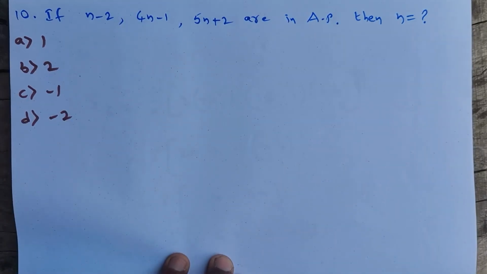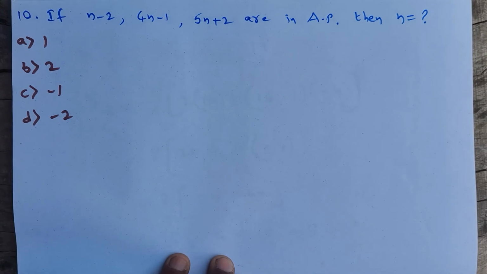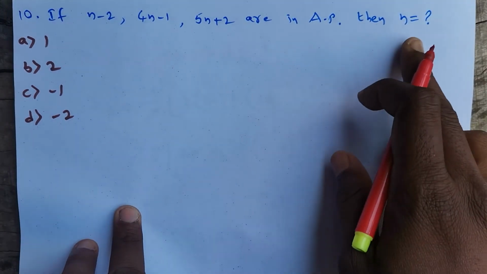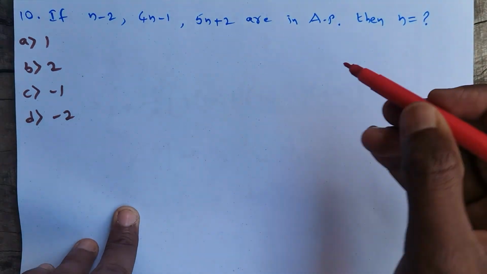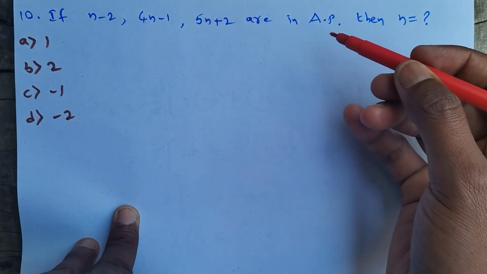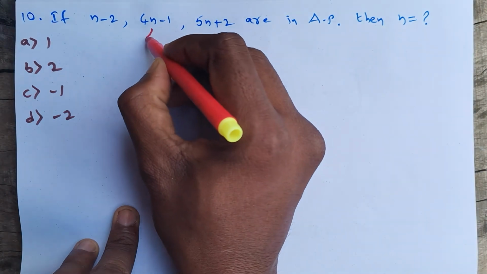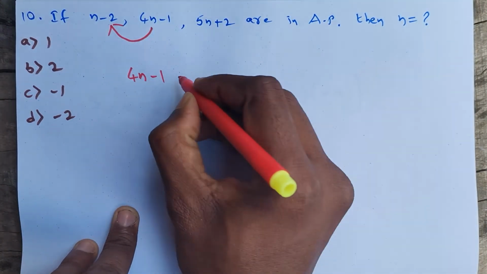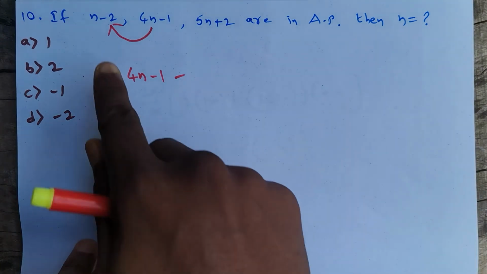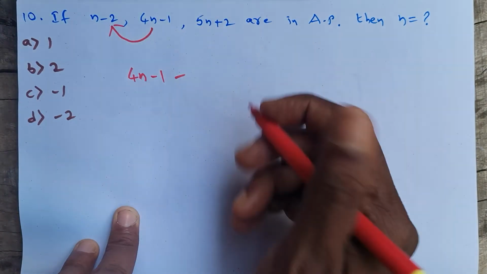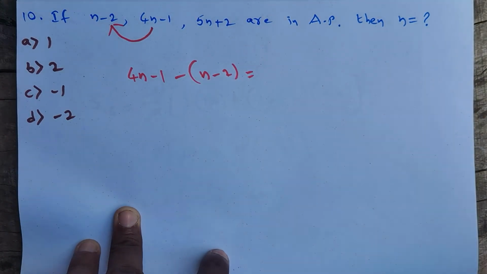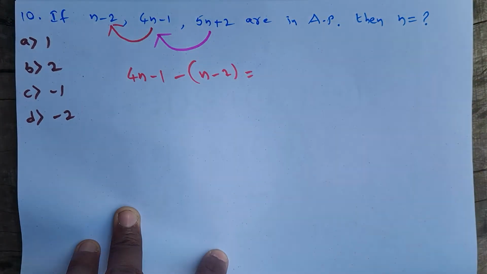Question number 10. If n minus 2, 4n minus 1, 5n plus 2 are in AP, then what is the n value? We know if terms are in AP, then the common difference is same. So second term minus first term. Second term 4n minus 1 minus first term. In the first term more than one term is there, so bracket compulsory: n minus 2 is equal to third term minus second term.